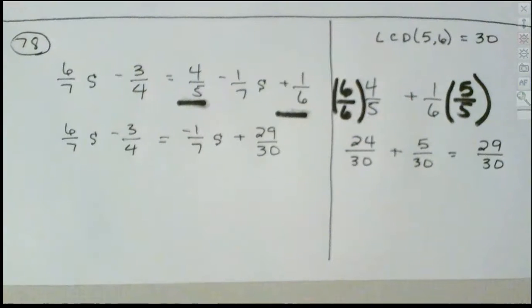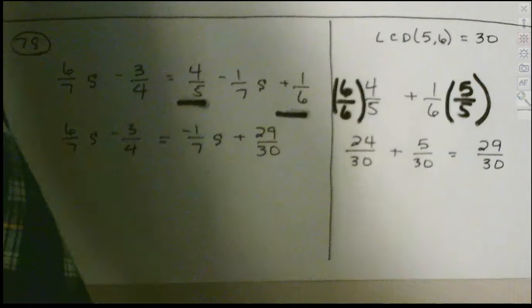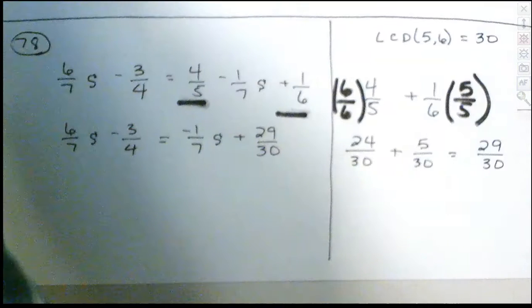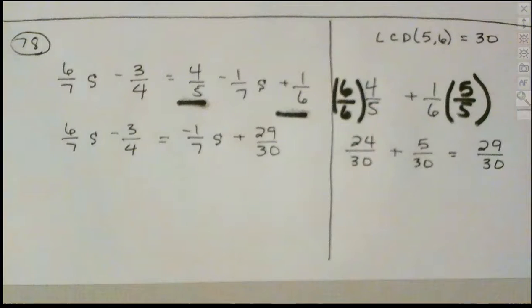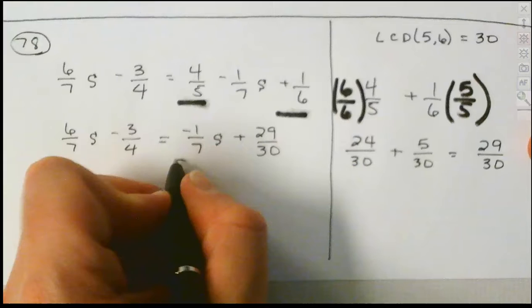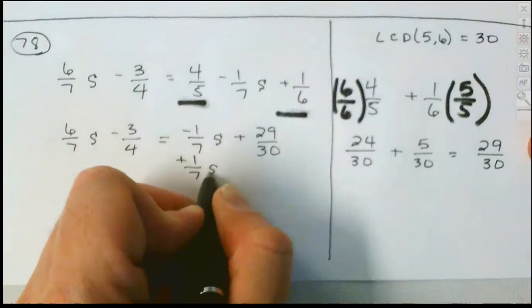Now the s's are going to be really nice to work with because they're going to go together, and we're not going to have to get a common denominator because they already have one. So we need to move that minus 1/7 s over, so I'm going to add 1/7 s.